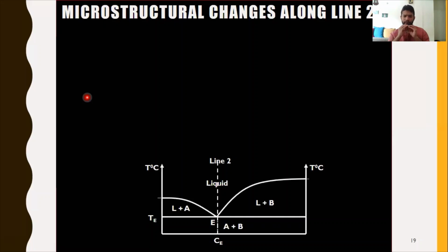So always practice drawing these things, so it will be very easy for you to understand what is actually happening. Sometimes you may feel it is quite difficult to understand, so you can always put a question in the question forum saying that you don't understand a particular part, so please explain it again. I will mark those things, and I will come back to you with them in the revision once we start the university. All right. So first we are going to draw the microstructure along line number 2 here.